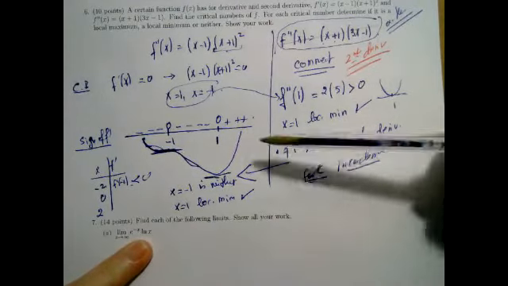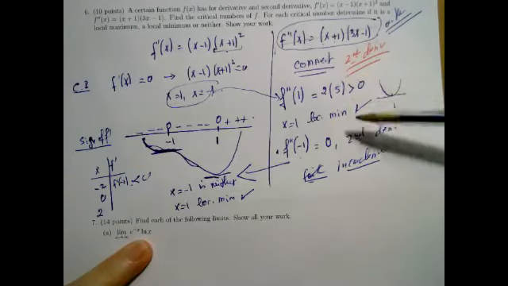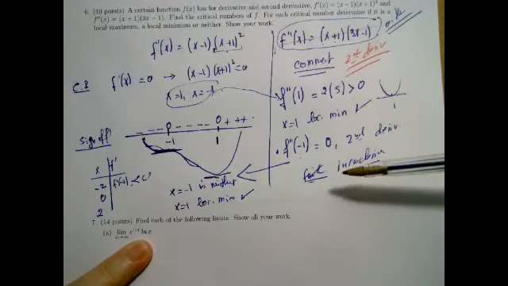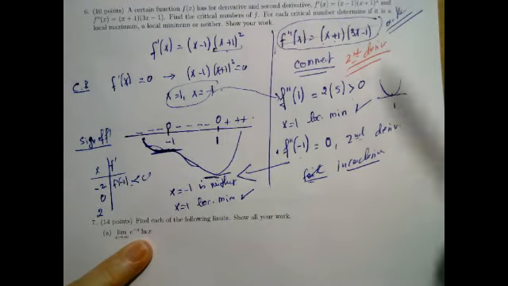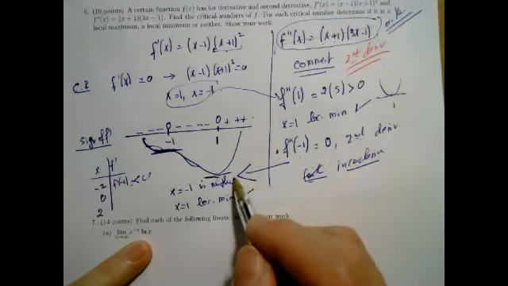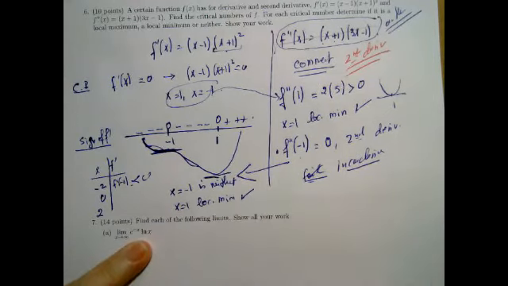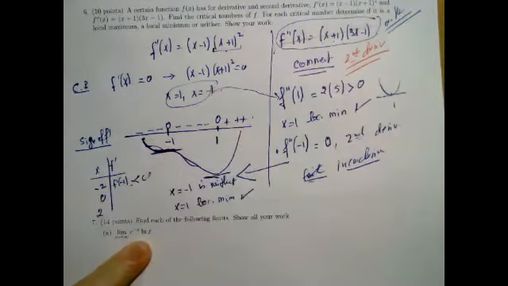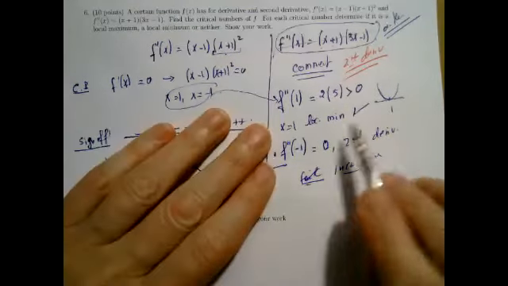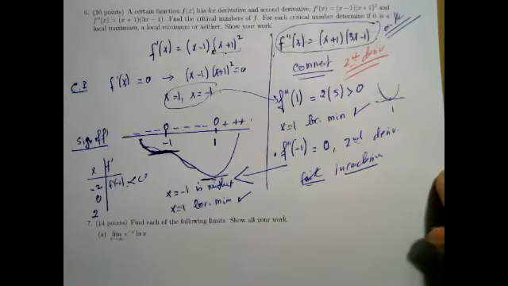Some students used the second derivative, found a local min, then found the second derivative at minus 1 was 0 and realized there is no conclusion. In this case, they backed up to the first derivative test, and that's really what we have to do. If the second derivative test gives me 0, I have to use the first derivative. If it doesn't give me 0, I can stick to it.